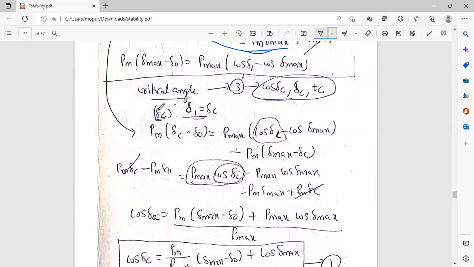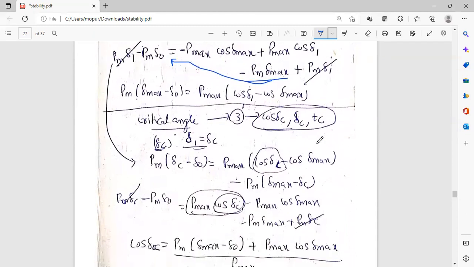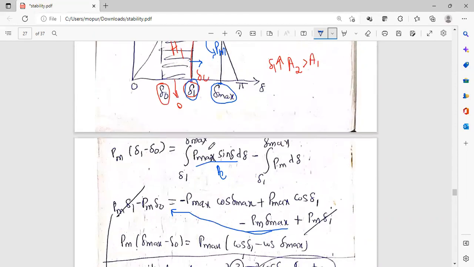Pm into delta C minus delta naught is equal to Pmax into cos delta C minus cos delta max minus Pm into delta max minus delta C. How did we get this equation? Substitute delta 1 is equal to delta C. Then you will get this equation. We should substitute in this equation.